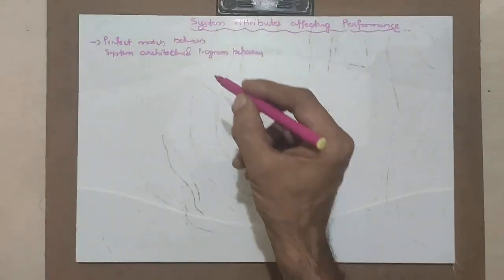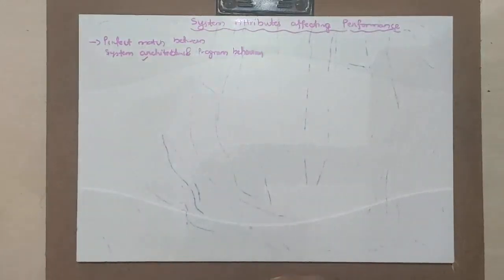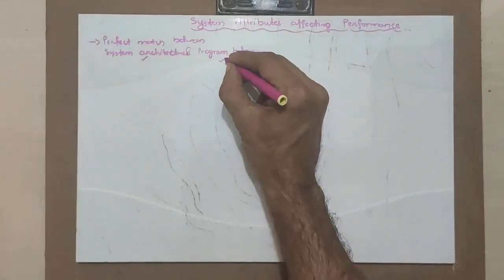See, what happens is, machine architecture depends upon different factors like what is the hardware technology, what is the memory technology, etc. Whereas the program behavior depends upon different other things like what is the algorithm, what is the data structure, what is the language you have used, what is the programming skill. On all this, the program behavior depends.